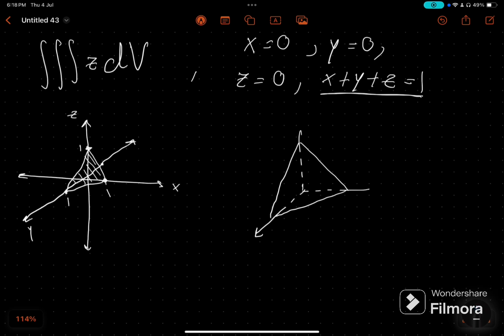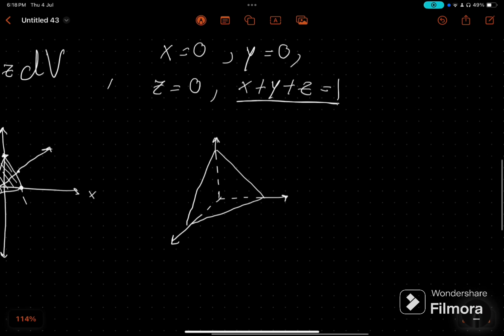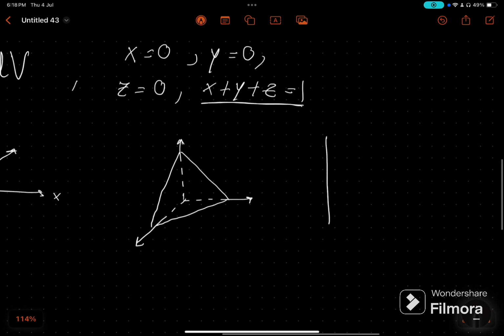And so this is our tetrahedron, and this is in 3D. Now if we also need to draw it in 2D, so in the XY plane we do have this. Okay, so 1, 1. It's better to draw them in 3D and 2D.